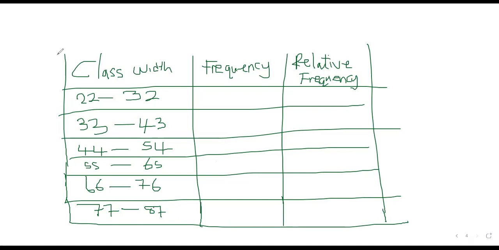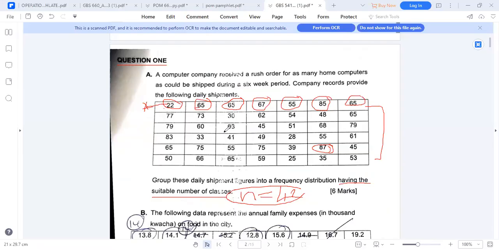So now, as we get to what we have on this one, we need to count how many numbers are from 22 to 32. So count them physically. You can count them manually from 22 to 32. So it's just a matter of counting.